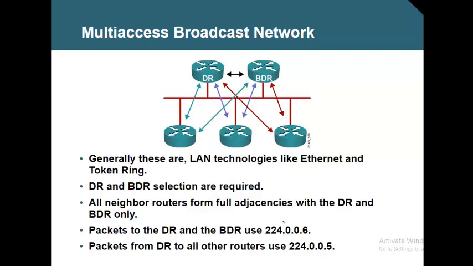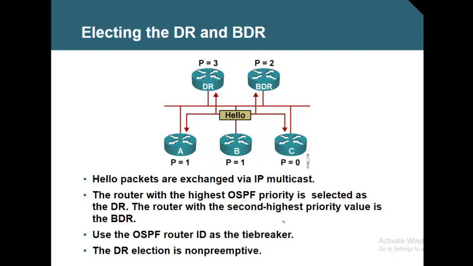Nice. So let's move on to this one. You see here, this shows how the DR BDR election process goes. The DR is picked up based on the priority here. The router with a high priority becomes DR. It always prefers the priority. Only when there is a tie in the priority, to break the tie, it will use the router ID.